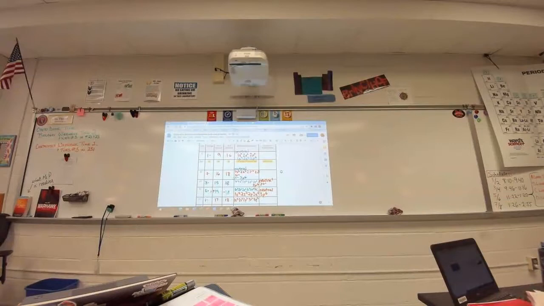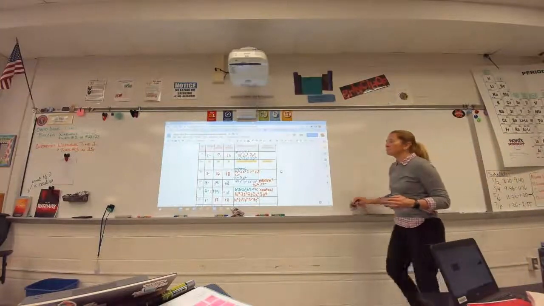They end up with a final outer full shell. If they're over here, they've got 1 or 2 hanging out, they lose them, become positive. If they're over here, they have spaces, holes, gaps that they want filled, and they gain electrons to get here. So we're already starting to see a big trend here.